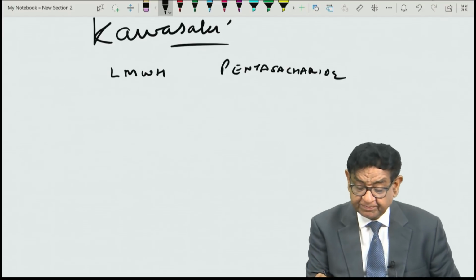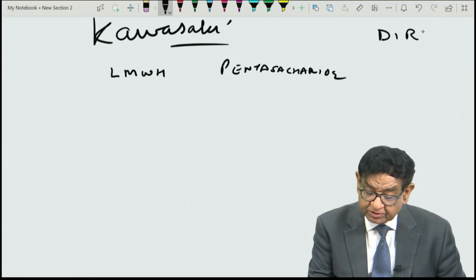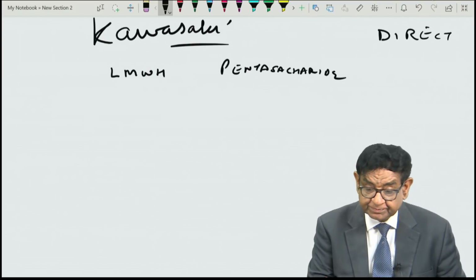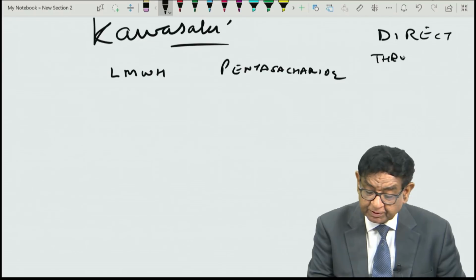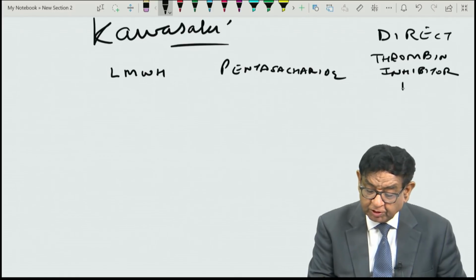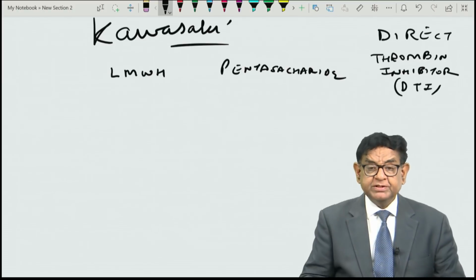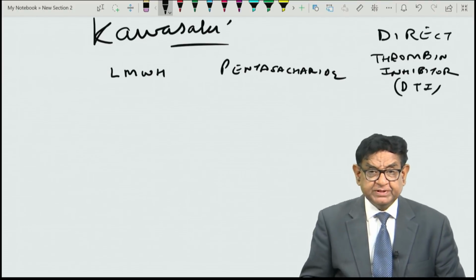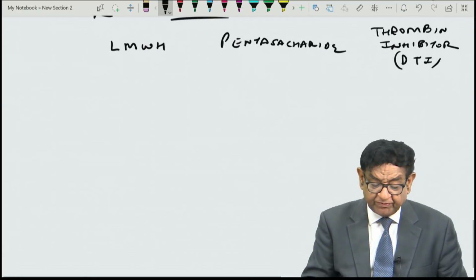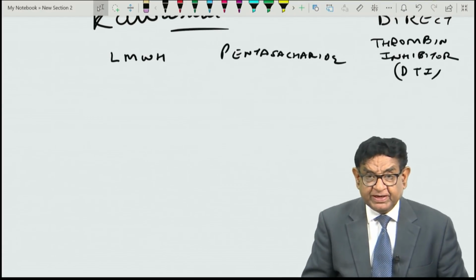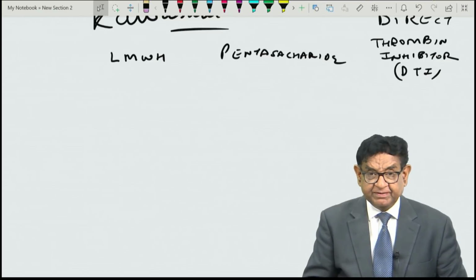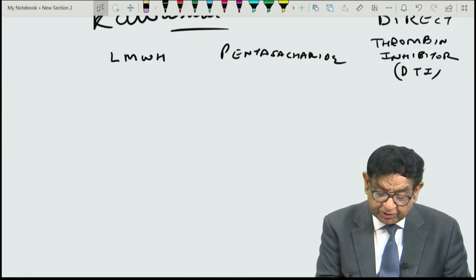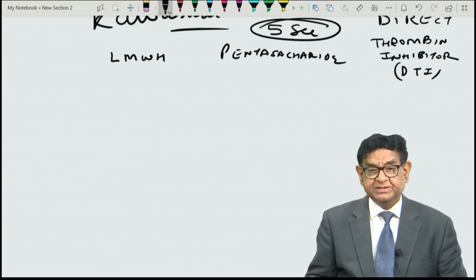And we have direct thrombin inhibitor, so-called DTI. There are plenty of new drugs, but before that, let's learn the mechanism of action of each one of them. The table looks very difficult, but don't worry, I will make you revise the entire table in just 5 seconds. You can also write 5 seconds.